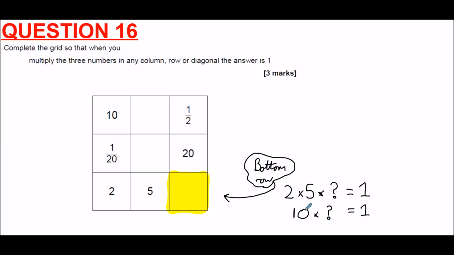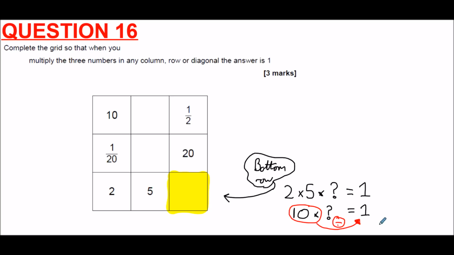We want to know what the question mark is on its own, so what we can do is get rid of this 10 by swapping its side. We can rearrange this equation, but if we swap the side of something, we swap the sign. That 10 was multiplying the question mark, opposite of multiplying would be dividing.